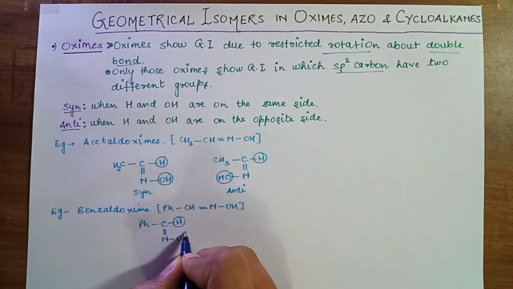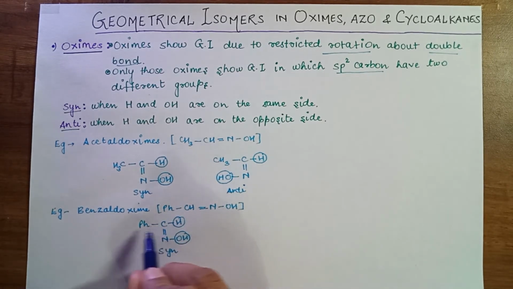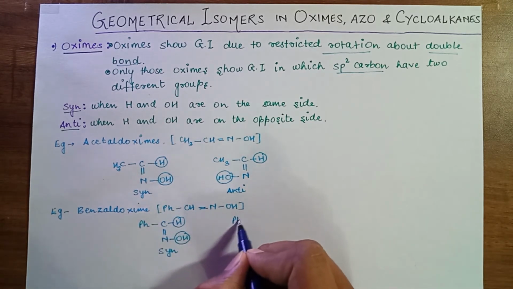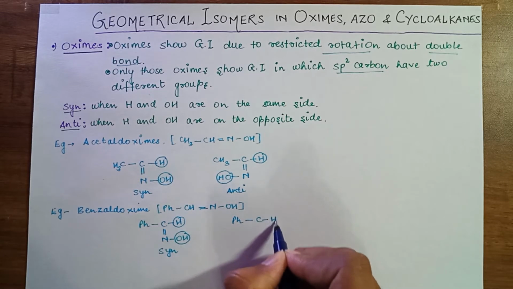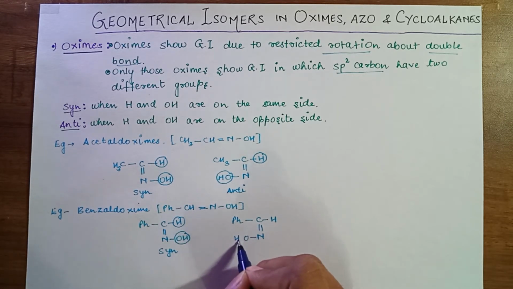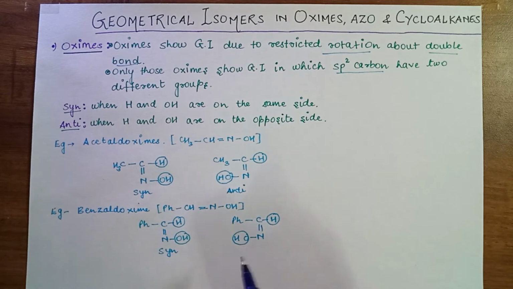So H and OH are on the same side, so it will be my syn. Here you can see the sp2 carbon has two different groups. The next is Ph CH double bond N and OH. OH and H are on opposite sides, so it will be my anti.